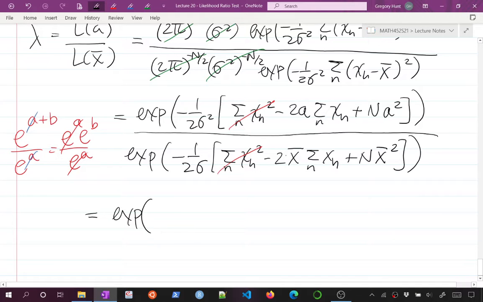We can also write these all on one line. It's like this exponential at the top. So what do we have up top? We have n a squares minus 2a, and I'm going to write this as nx bar because the sum of them is notationally simpler, nx bar. And then I can bring up the things from the bottom, but I have to add a negative sign.